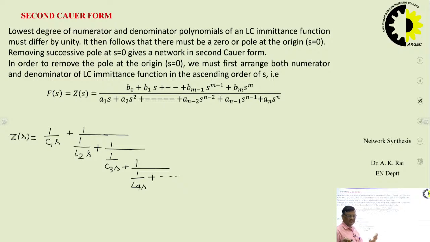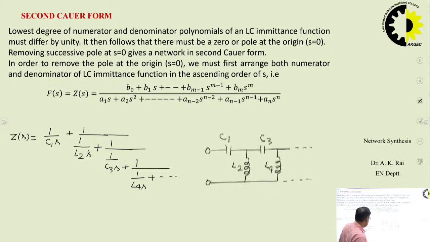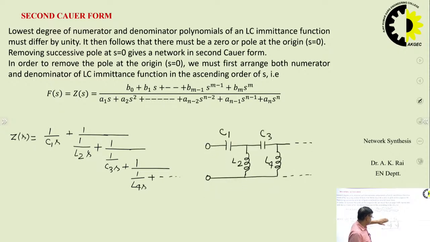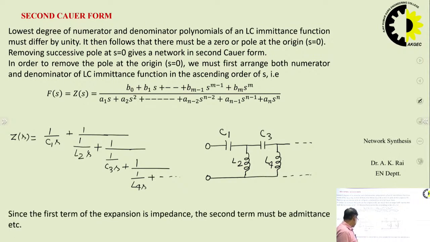So this is the general form of a Cauer second. And this is the first arm, this is the series arm, this is the shunt arm. So in case of the Cauer second, we have the capacitor in series arm, and in the shunt arm we have the inductor. So this is the general structure of Cauer second. Since the first term of the expansion is impedance, then the second term must be admittance, because we are inverting.